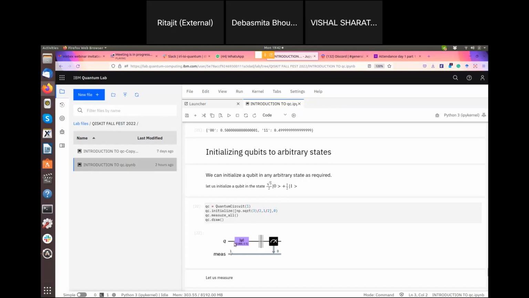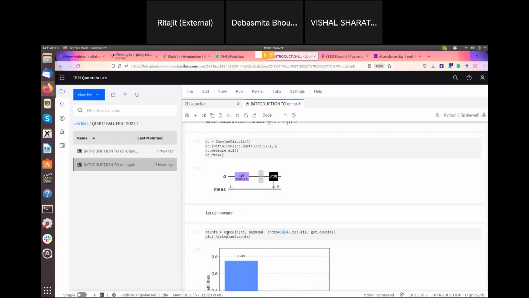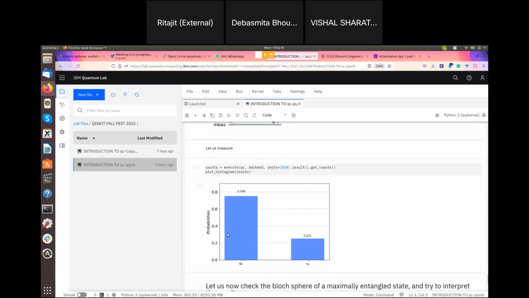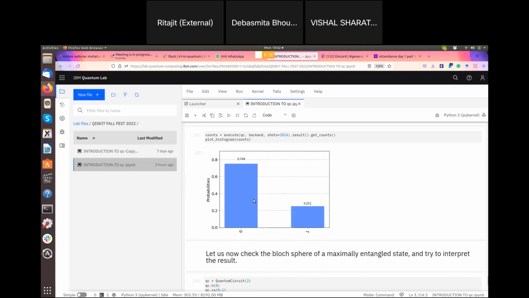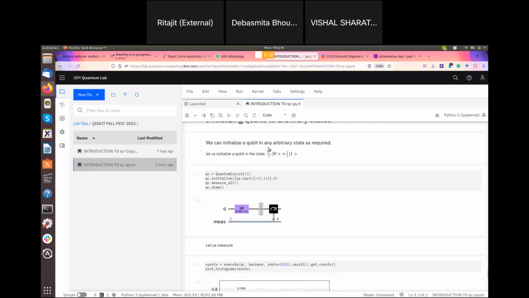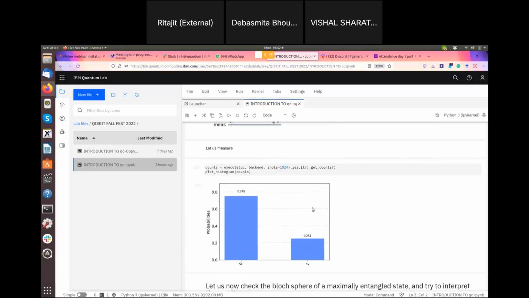Then the circuit, instead of state 0, will be initialized in root 3 by 2 |0> plus half |1>. And then we can measure and draw. If we measure this using the backend, then we can see our desired outcome, that we wanted this to be root 3 by 2 and this to be half, and we can see the desired outcome from here.